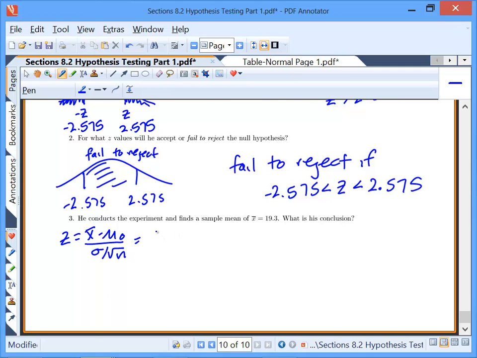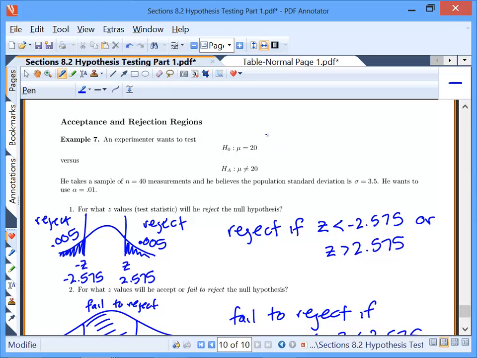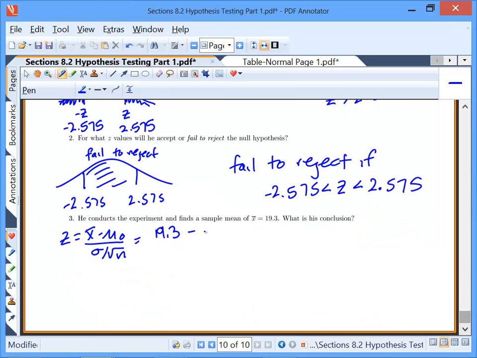He got a sample mean of 19.3 minus my hypothesized value of 20, over 3.5 over root 40. So my z-value here is negative 1.2649.